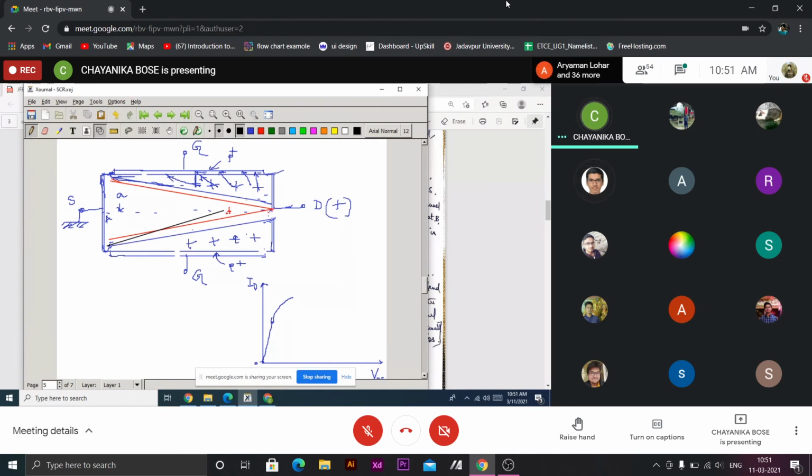So the pinch-off voltage is that voltage at which Wx is A. That means the depletion regions from the two ends touch each other and the channel is pinched off.